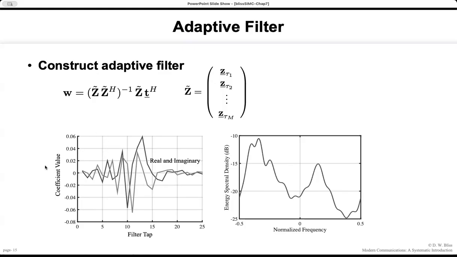But this has nice weights in the middle, and so this is a relatively happy filter. Using the same trick, taking the Z transform and substituting Z with the exponential, we can get the filter shape of the Wiener filter. And so it has some kind of messy shape here.